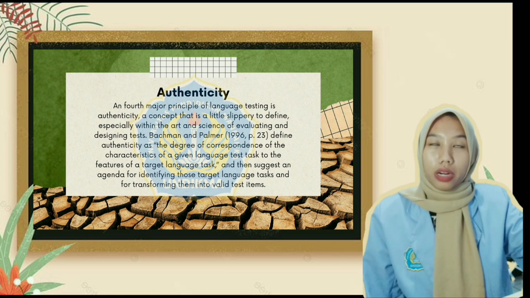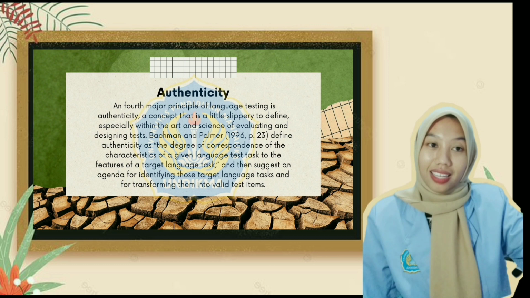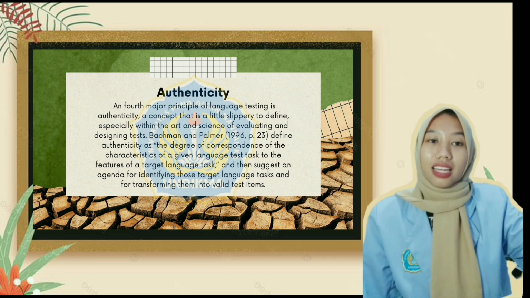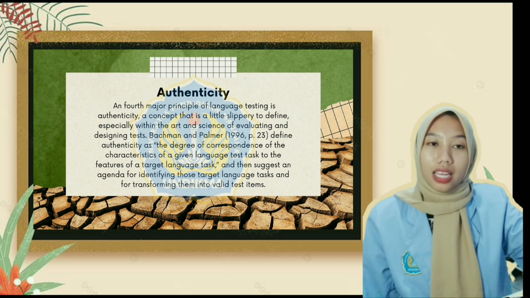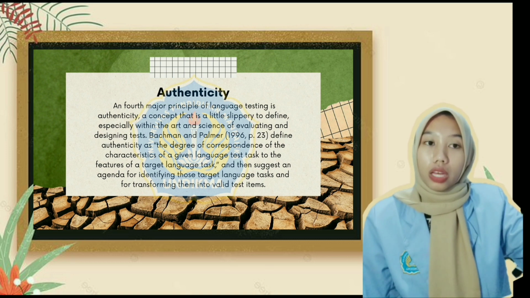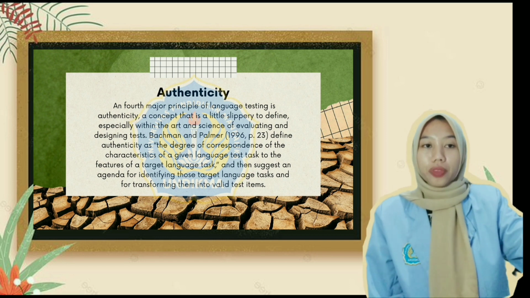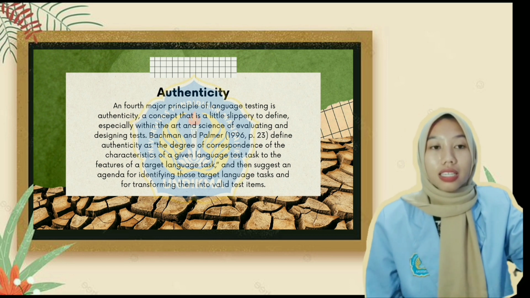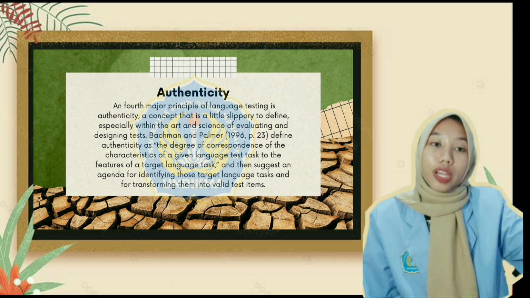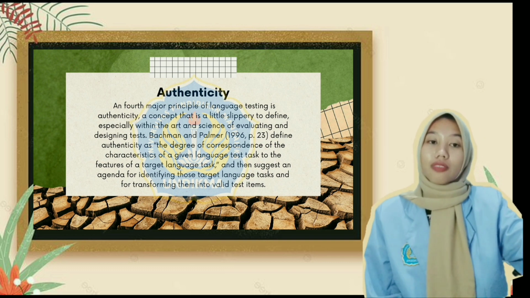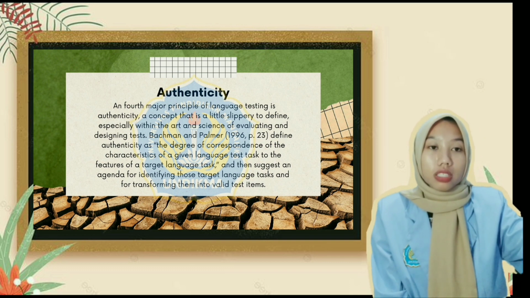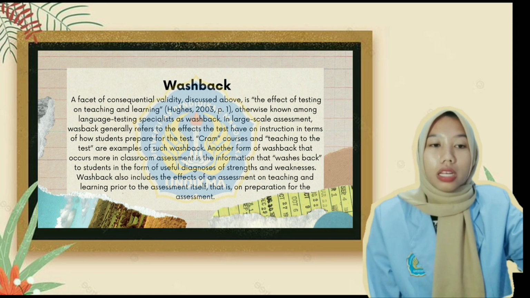Bachman and Palmer, in 1996, define authenticity as the degree of correspondence of the characteristics of a given language task to the features of a target language task, and thus suggest an agenda for identifying those target language tasks and transforming them into valid task items.